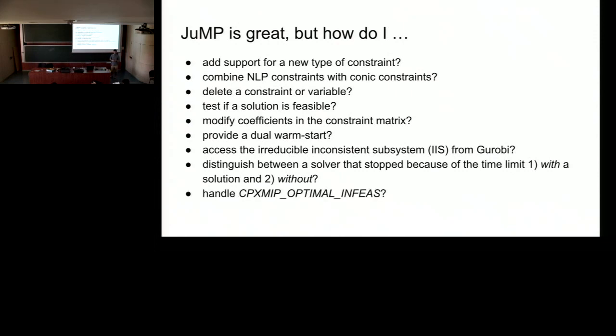Another fun status that I like talking about is CPLEX MIP optimal infeasible, which means that you gave your problem to CPLEX, it ran presolve, it solved the presolved problem to optimality, unpresolved it, and then decided that the solution it got was not feasible, but that's what it returns.